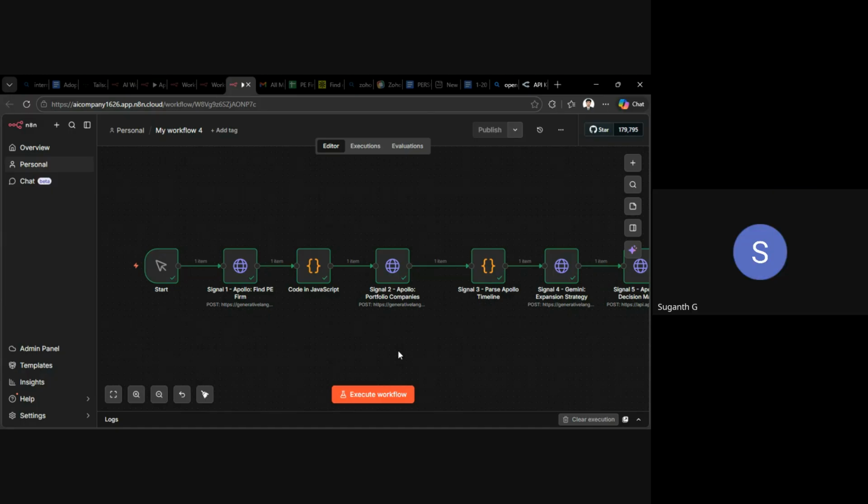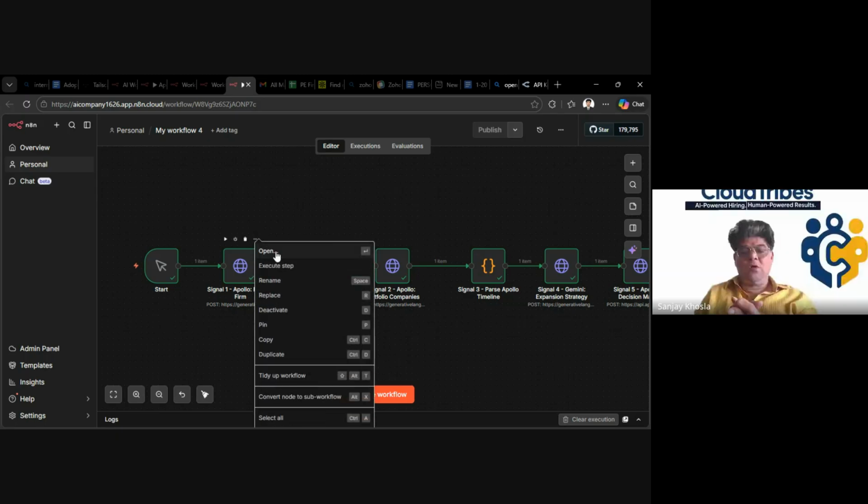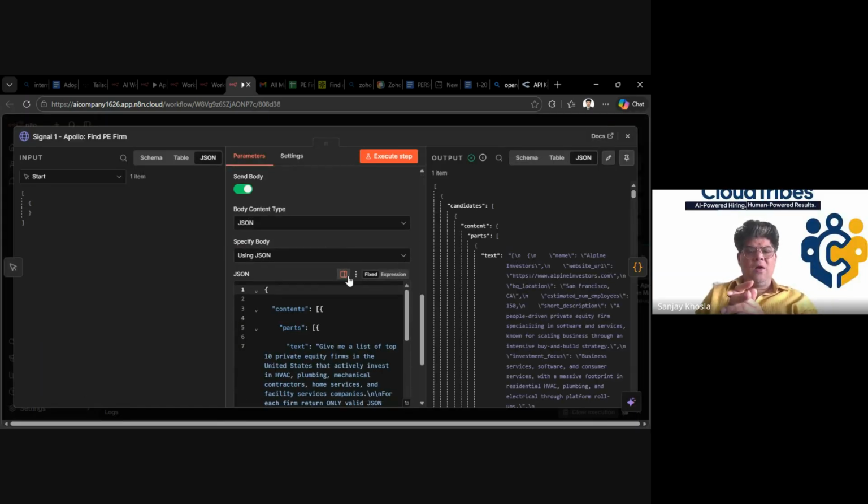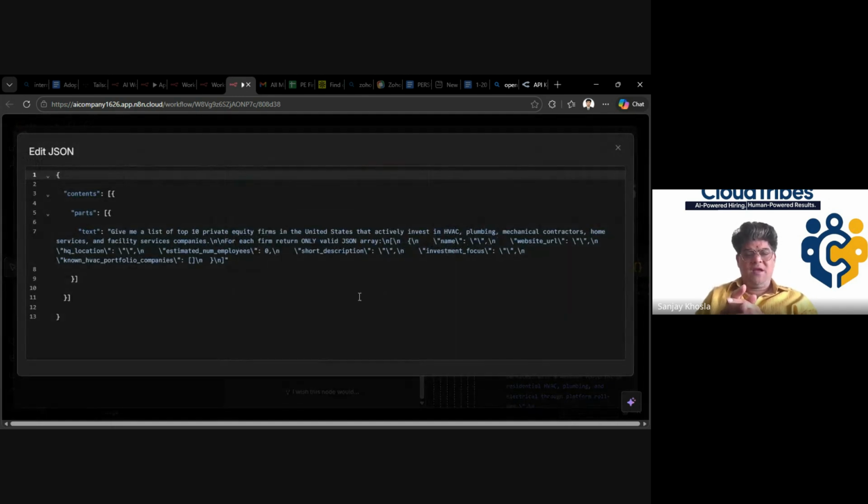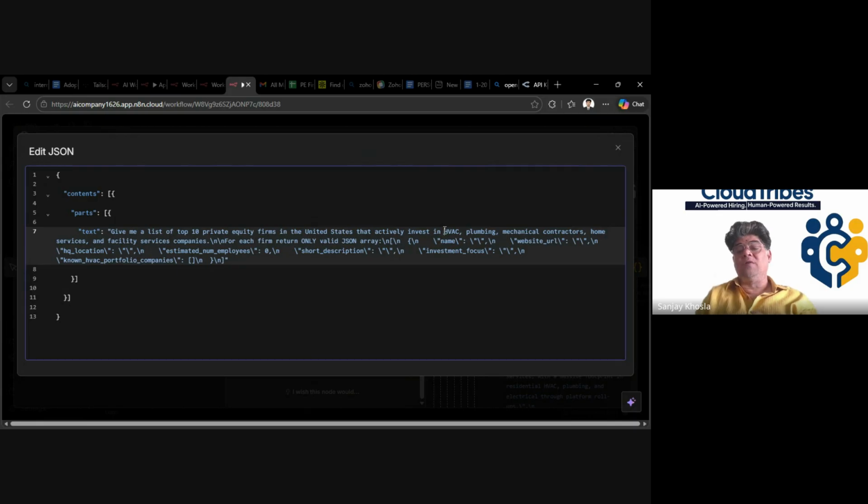Yes, so we've included the HVAC companies filter, so we did the HVAC companies list with the private equity firms. Okay, so you've included the HVAC. Now HVAC becomes very specific. Have you included all the home services like plumbing, electrical? You've got plumbing, mechanical contractors, home service. Fantastic. So you got that.